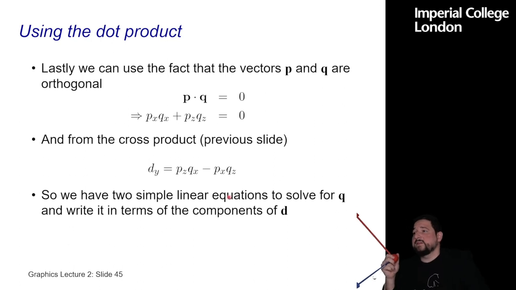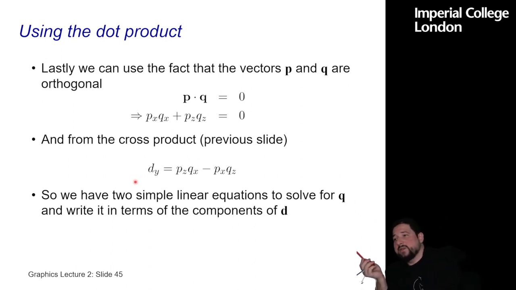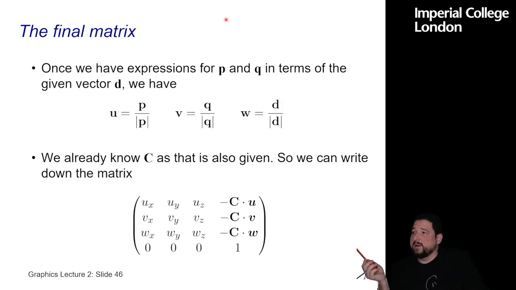And the same we can do for q, and then putting these things together. If I do p times q, I know it's orthogonal, so I can also plug it into the definition of the dot product. And having that orthogonal, just plugging that in gives me another equation, which gives me the last unknown, and I can work out with simple linear equations for q and p how they are represented in terms of d. So then I can just go back and plug into this original formulation.